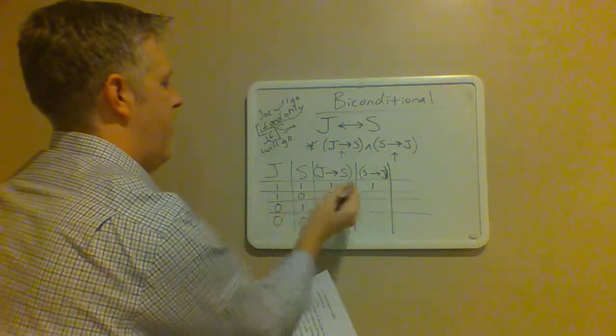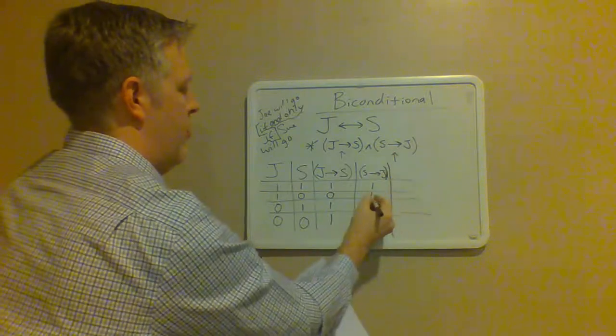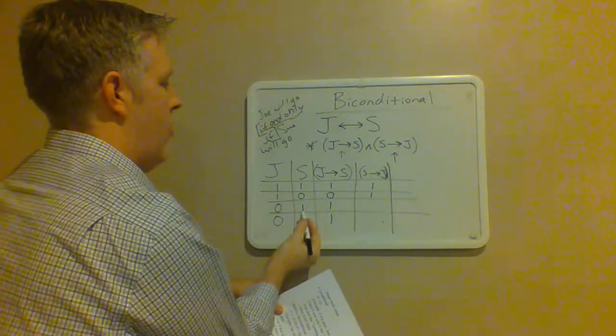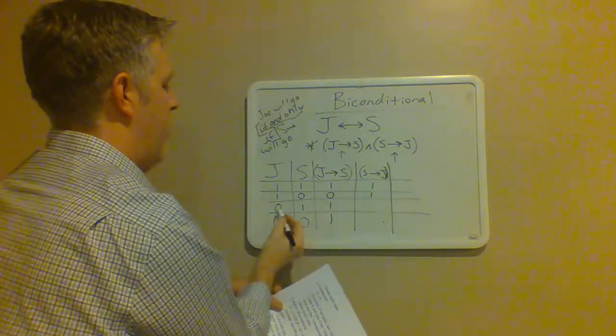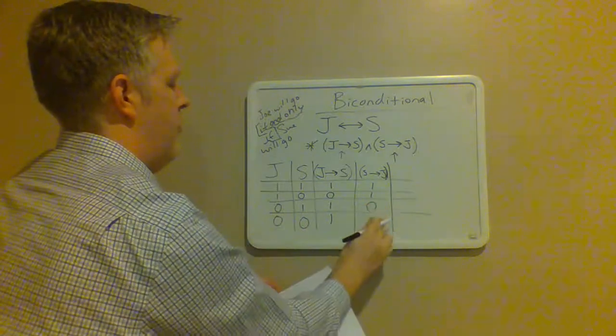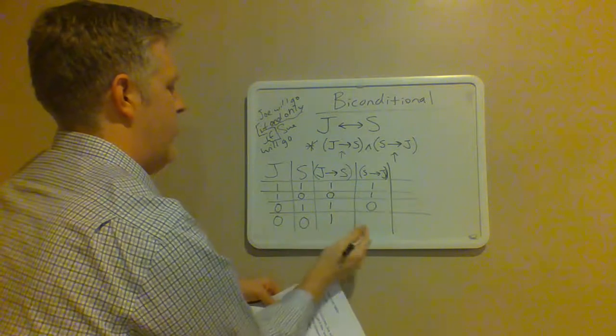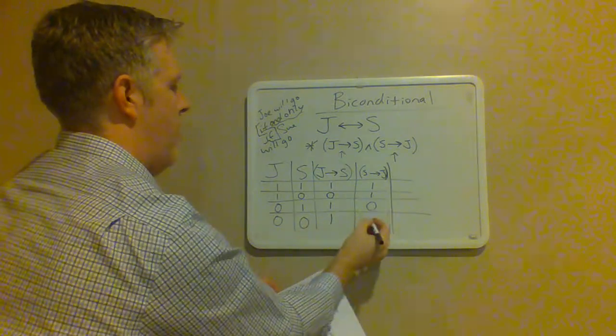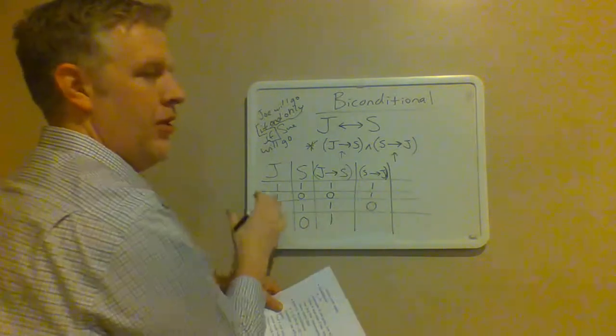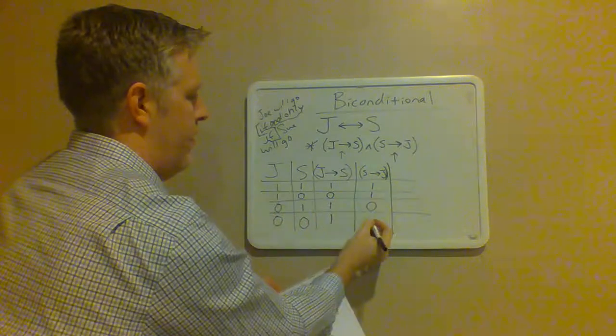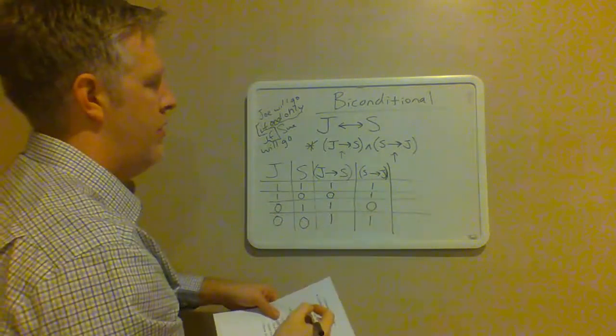Here the S is false, so the conditional as a whole is going to be true. Here we have an instance where the antecedent is true and the consequent false, so the conditional will be false there. And then finally, in this last row, the antecedent is false, so we automatically know we don't even have to look at the consequent. When we know the antecedent is false, we know the conditional as a whole is true.